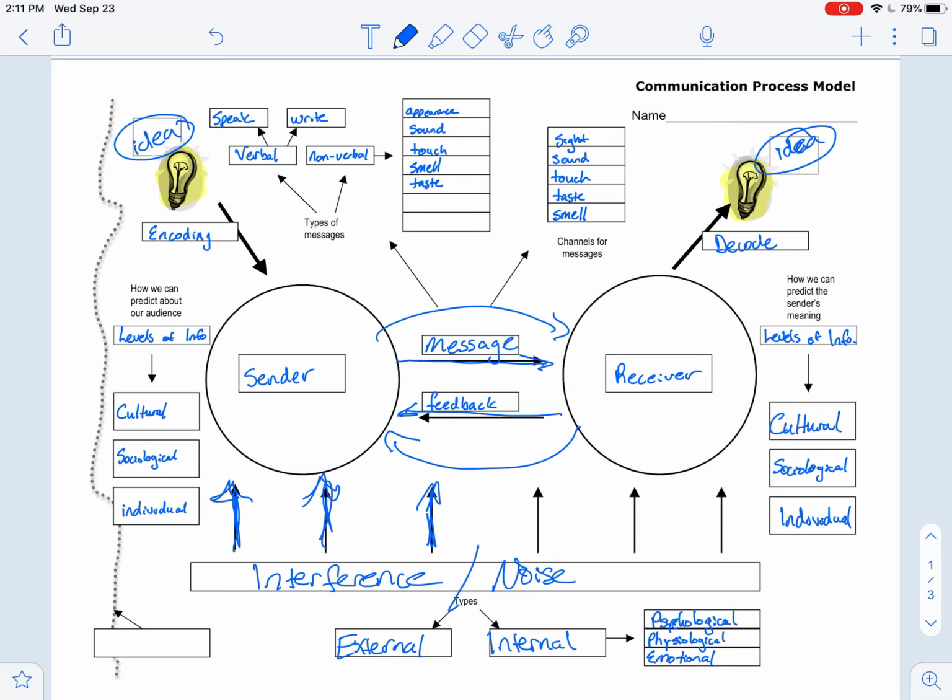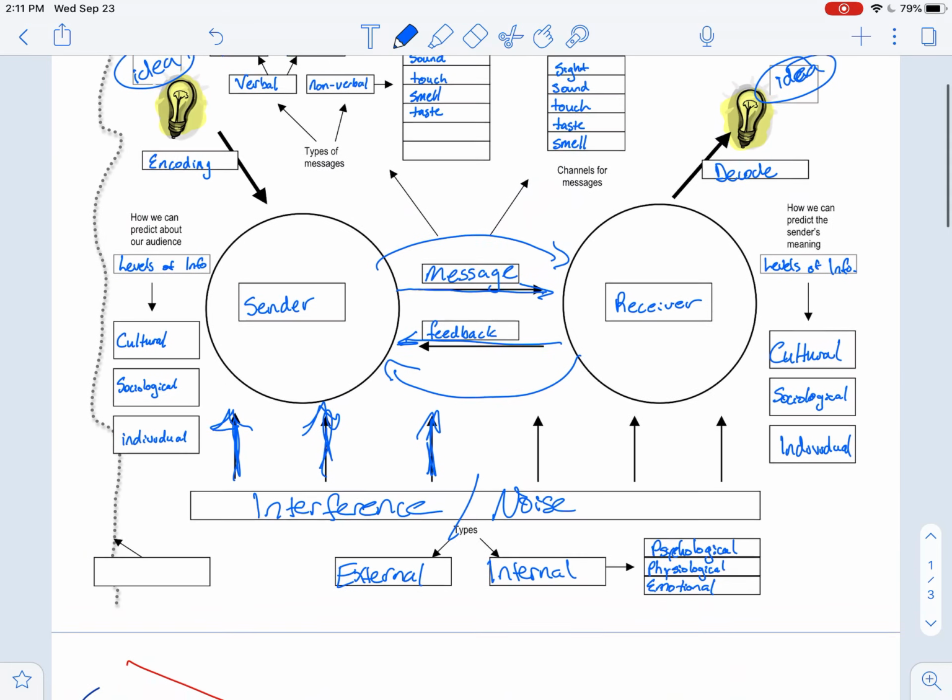Individually, you don't have the knowledge. Same thing with the idea. If you're really smart in one topic, but the person that you're talking to is not, they're going to have a difference of level of information, and so it's going to be harder to communicate. So you've got to make sure, as the communicator, that you're anticipating the receiver's individual level of knowledge based on what you're talking about.